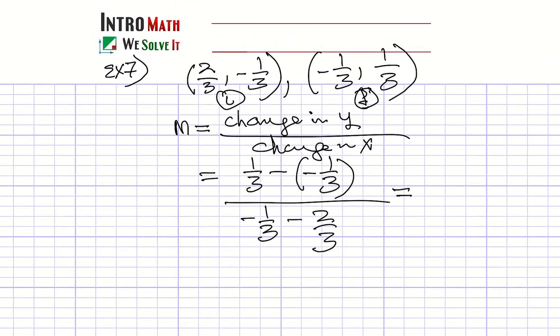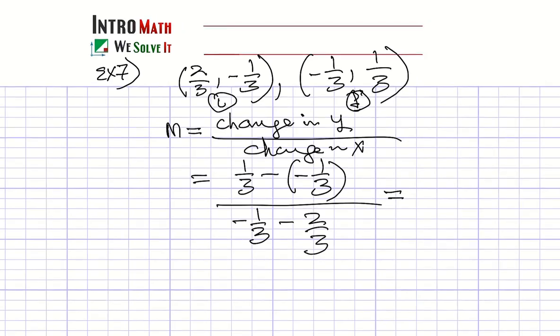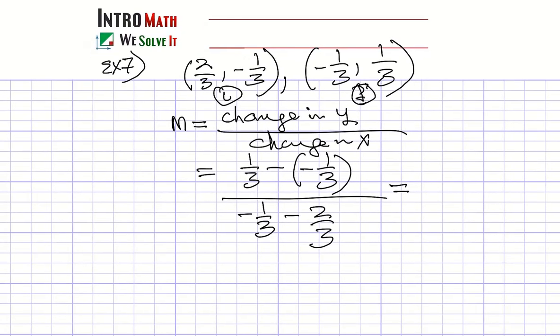We'll simplify that. What do we get? Again, always when you have negative times negative, you get positive, okay? So the numerator is like minus 1 times minus 3. So you get 1 over 3 plus 1 over 3 over minus 1 over 3 minus 2 over 3, okay? The numerator is okay.